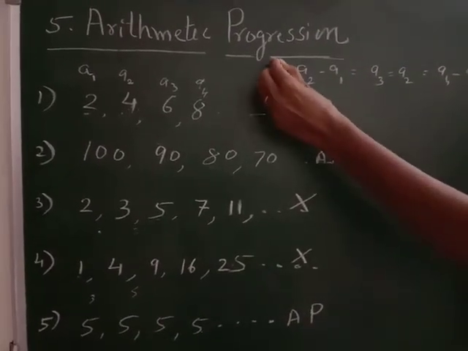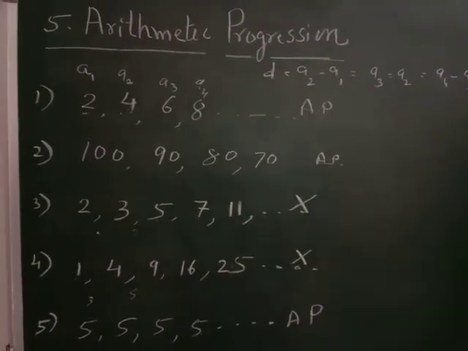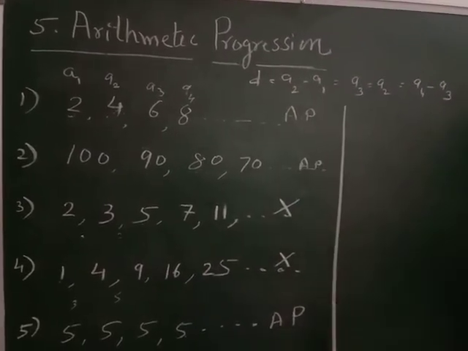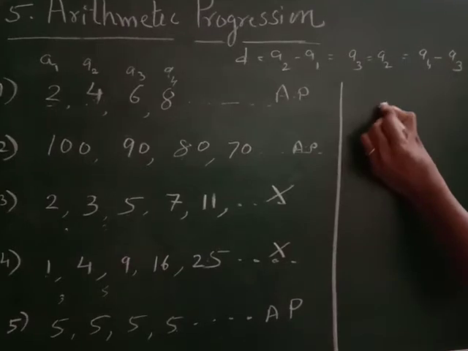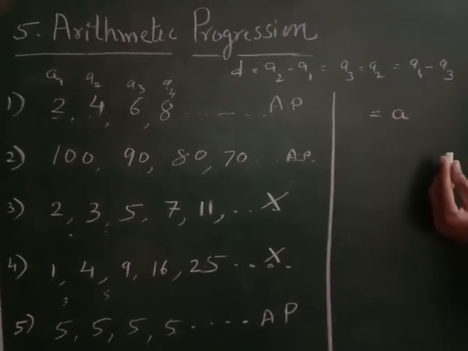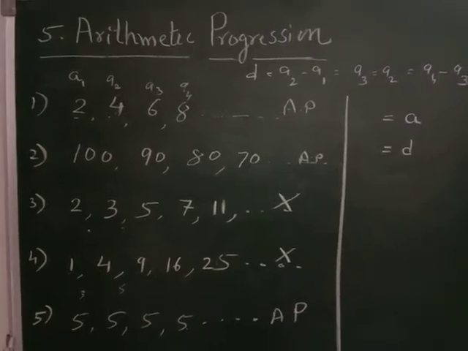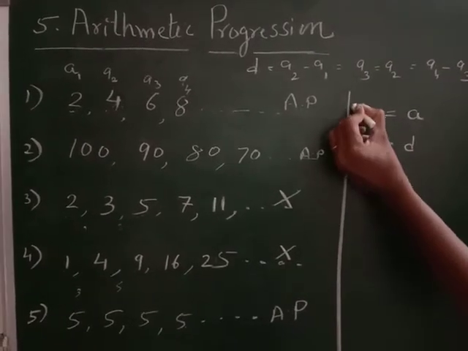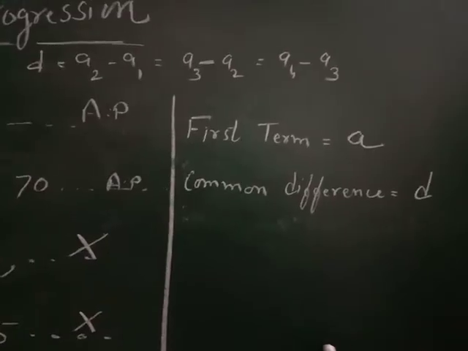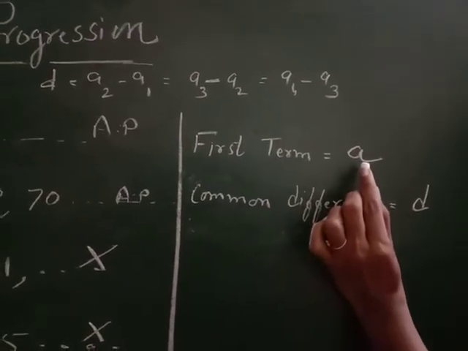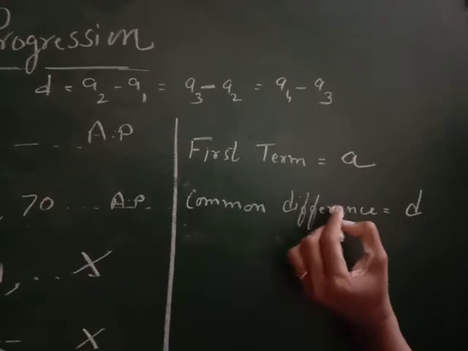So this is called the common difference and it is represented by D. First term is represented by A or A1, and the common difference is represented by D.